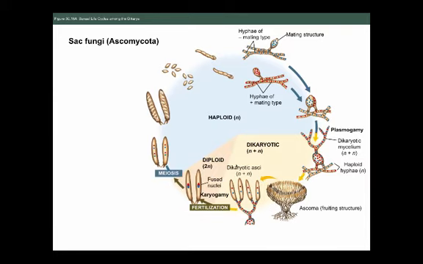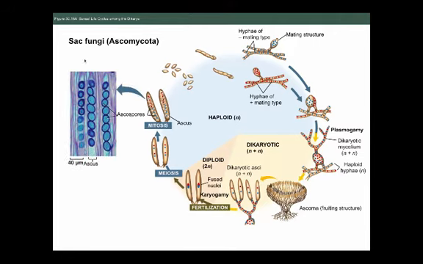The nuclei get fused here, and then those nuclei finally undergo meiosis and produce haploid spores. Those haploid spores can then asexually reproduce by mitosis inside this ascus still. So now you have asexual reproduction of the haploid spores inside this ascus, and then eventually those are released.